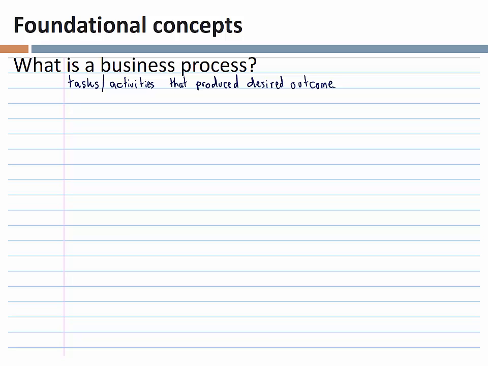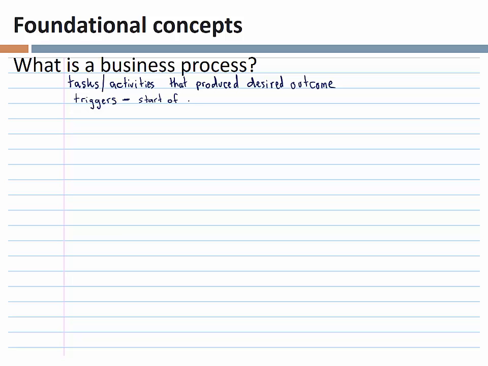What's that? Triggered by an event. Thank you. And the word that you used at the beginning of that is exactly the right word. Business processes have triggers. A trigger tells us to start a process.